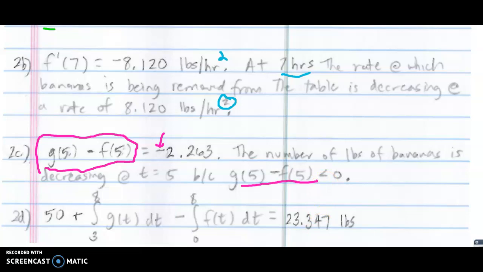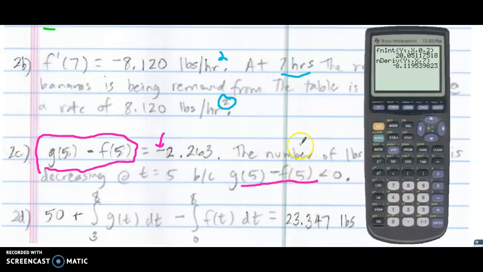Now, you can make that happen however you want to on your calculator. I did in Y3 go ahead and put Y2 minus Y1, but you don't really have to. You can just do Y2 at 5. Give me a second here, my calculator takes a little bit longer.